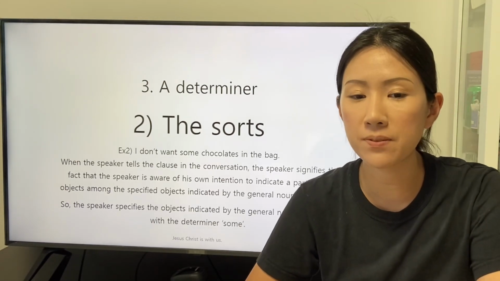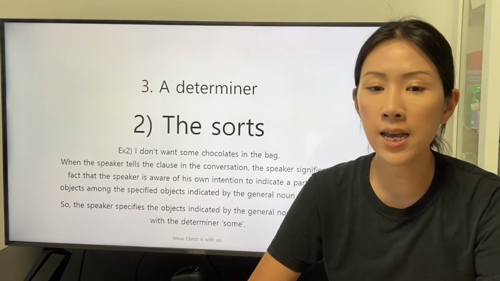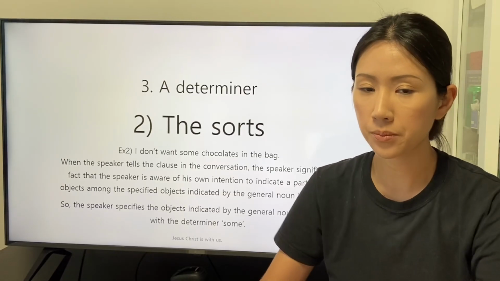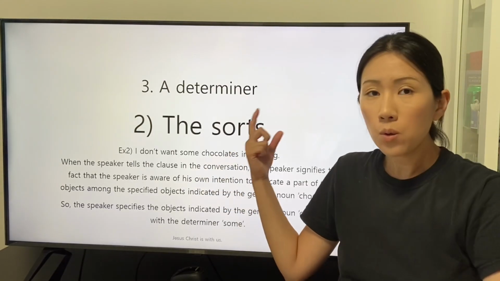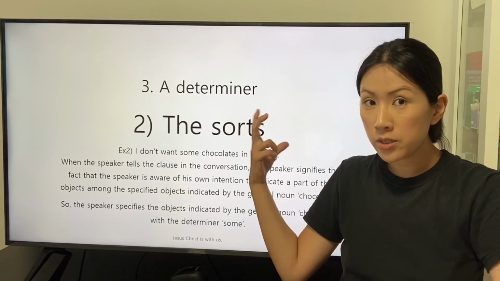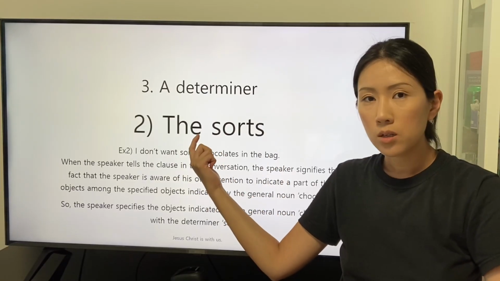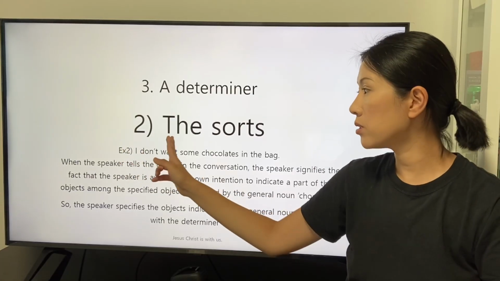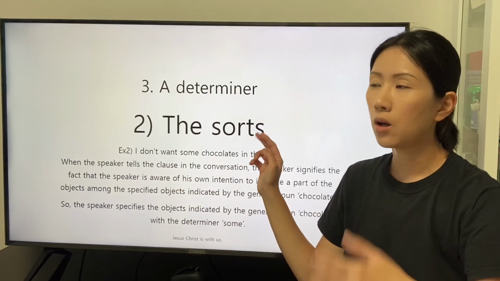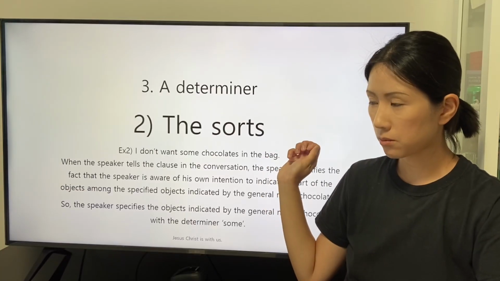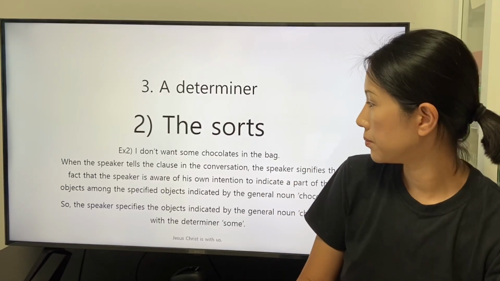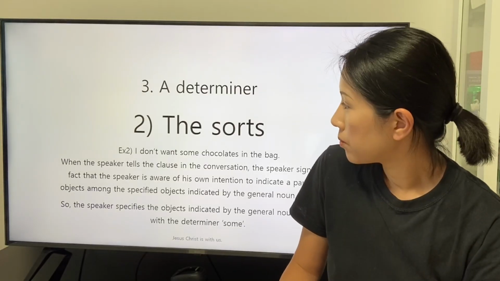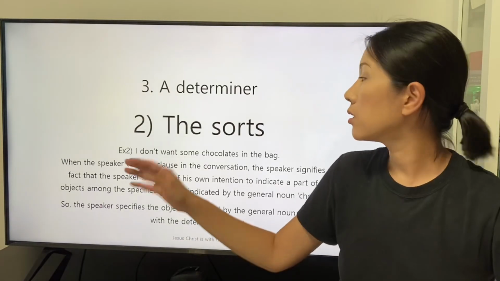So the speaker specifies the object indicated by the general noun chocolate with the determiner some. The denial by the phrase of the transitive verb do not want can be applied to the determiner some, the general noun chocolate, and the phrase of the preposition in the bag.